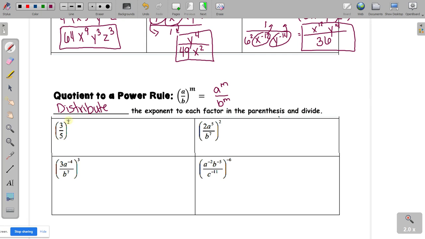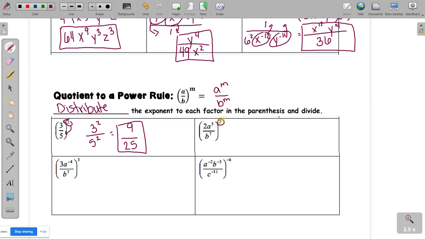So distribute to the numerator, we get 3 squared. And then we distribute to the denominator, 5 squared. Simplify. 3 squared is 9. 5 squared is 25. So 9 over 25.